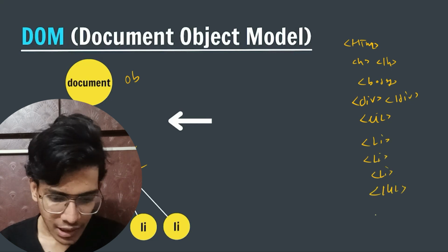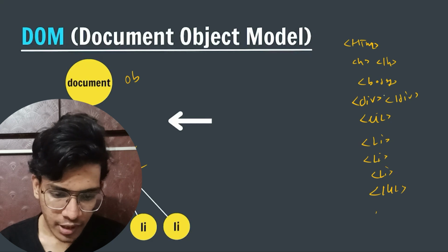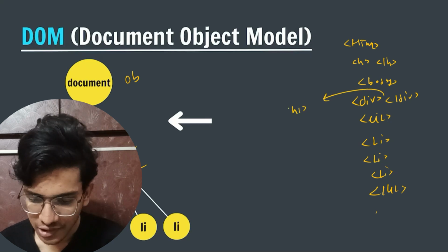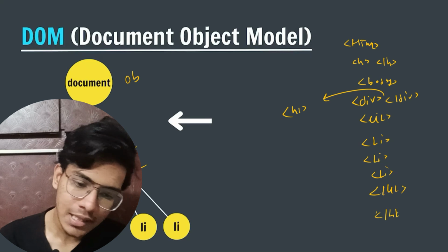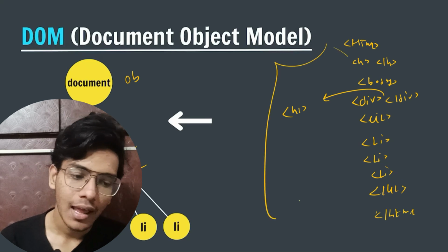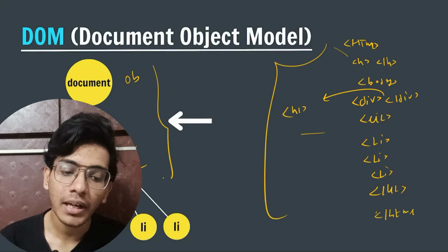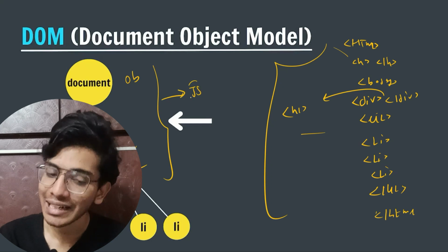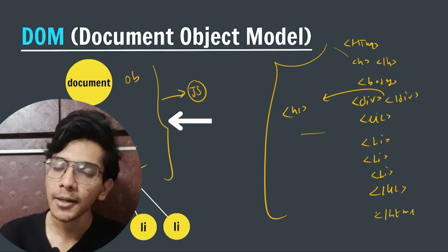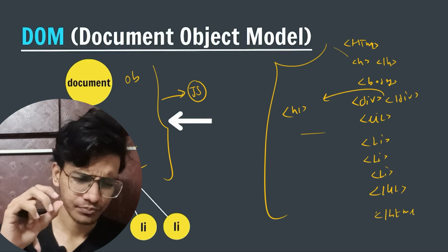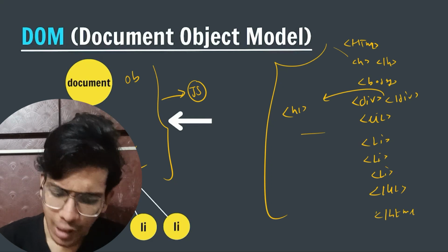And inside the div I am having an h1 tag, and after that closing HTML. So this will be the structure of my HTML, and this will be the structure of my JavaScript internally when I connect my HTML with JavaScript.